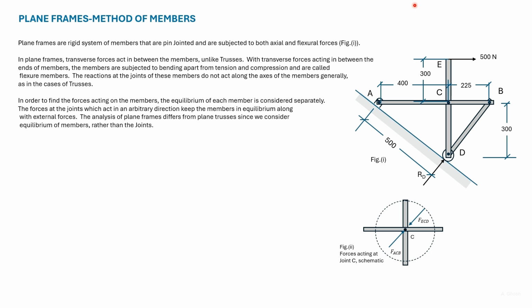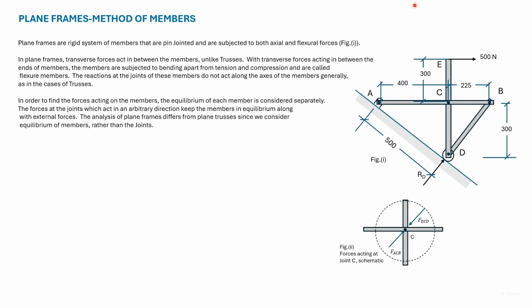In plane frames also, we look at the overall frame first and find out the external forces. This is done generally, but is not always the case. Then we look at the equilibrium of the members, and in this way we find the forces acting in the members and on the frame as a whole.